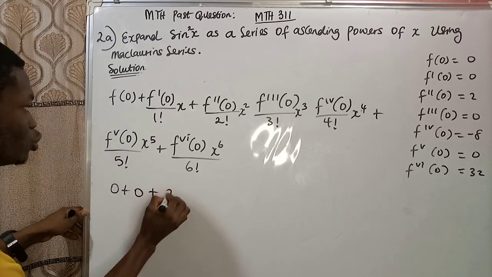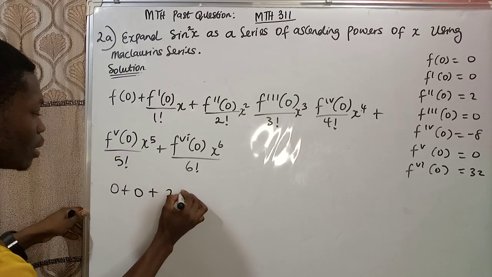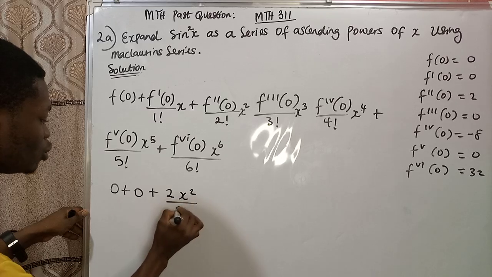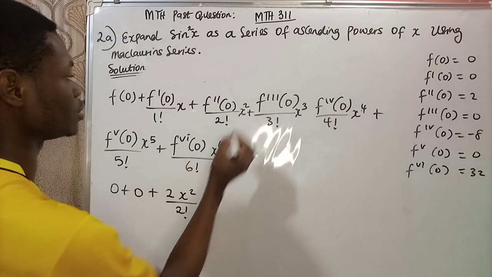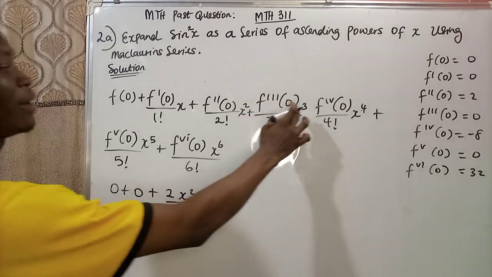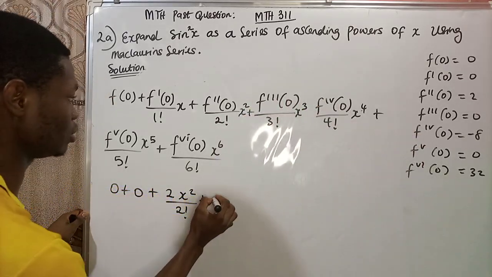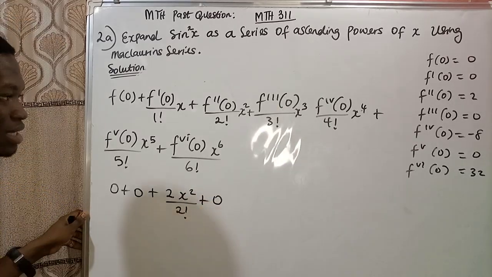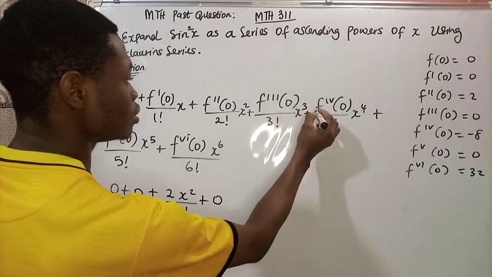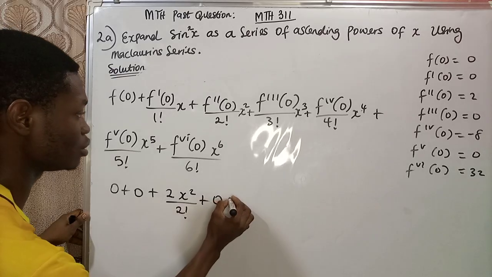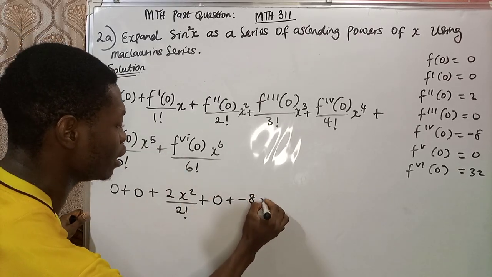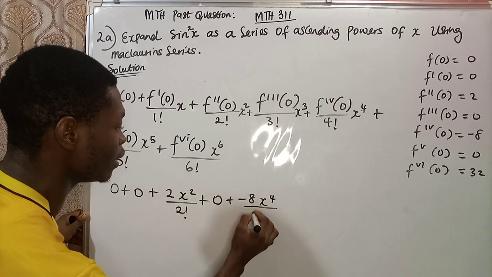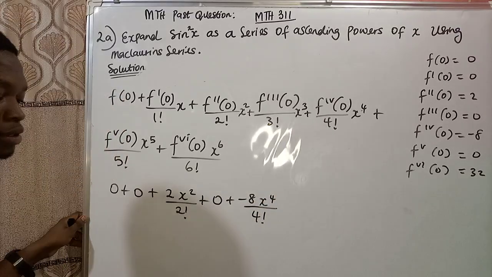So we have 2x squared all over 2 factorial, plus f triple prime of 0 is what? 0. Everything here is automatically 0. Plus f iv of 0 is what? Minus 8x to the power of 4 all over 4 factorial.